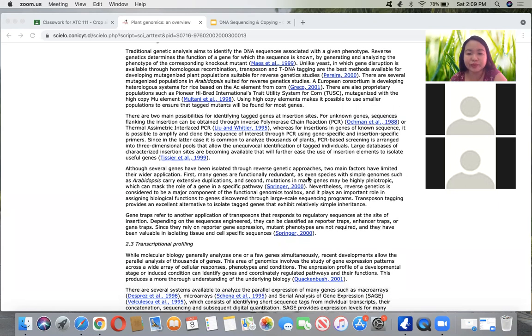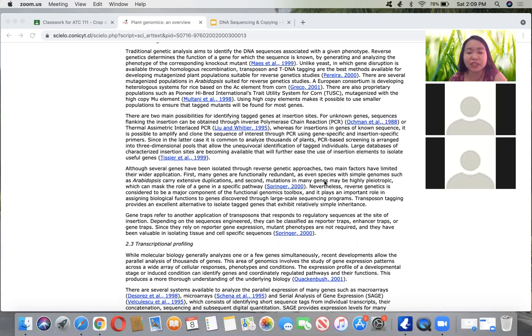These genes isolated from reverse genetic approaches have limited their wider application. There are two main factors. They are functionally redundant, meaning there are many genes with the same functions, and simple gene families in Arabidopsis have extensive duplication.